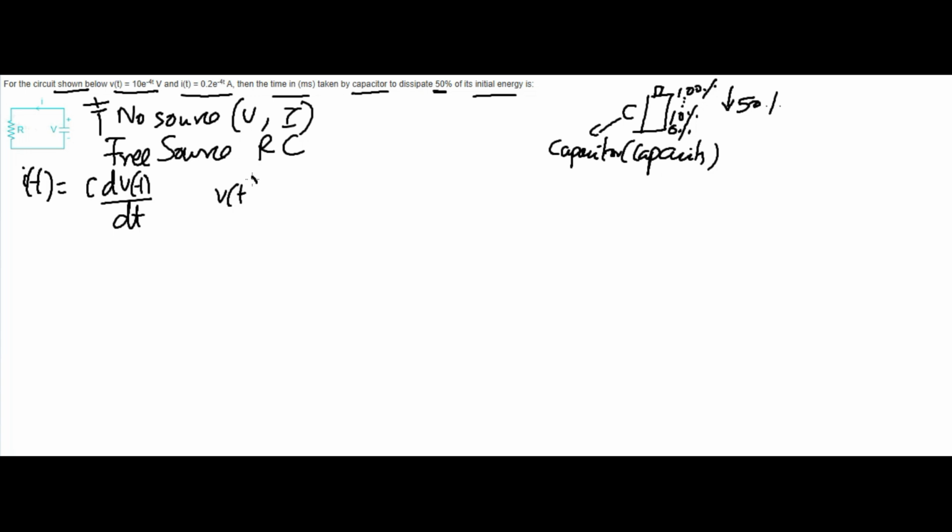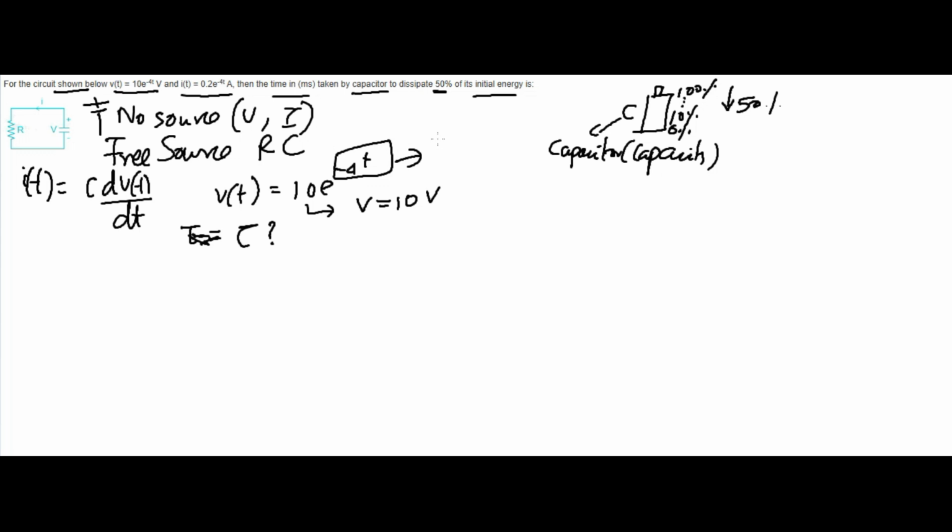You know that V of t is given as 10 into e to the power minus 4t, and V is equal to 10 volts, never forget. We have to calculate tau.